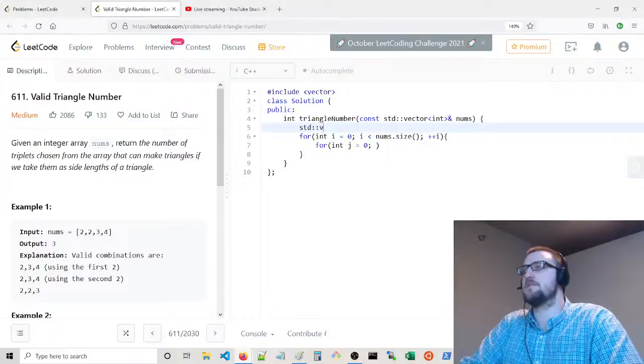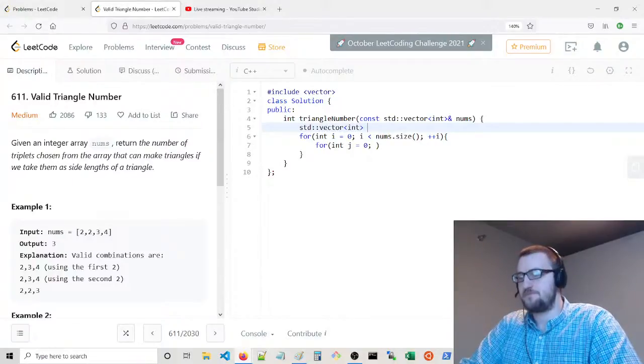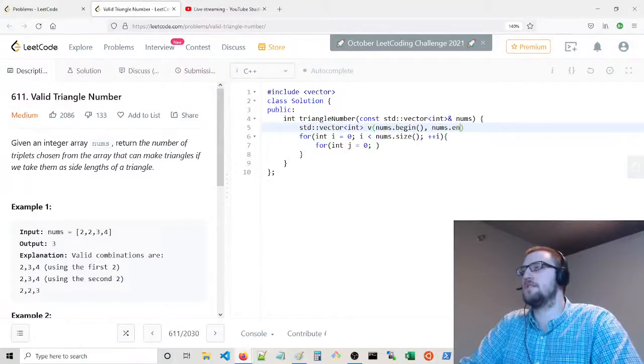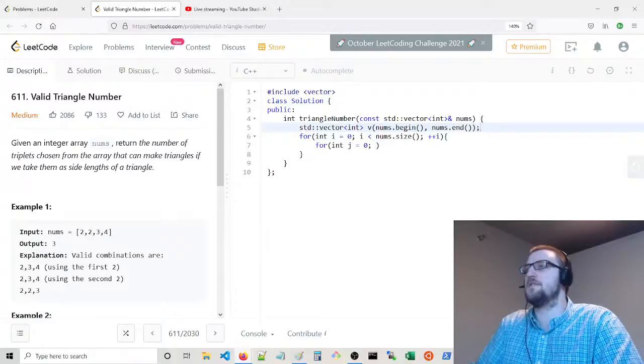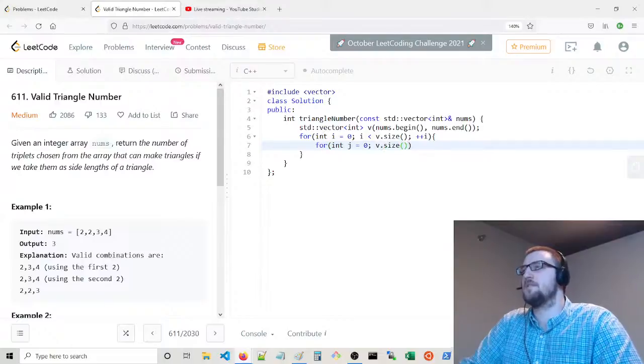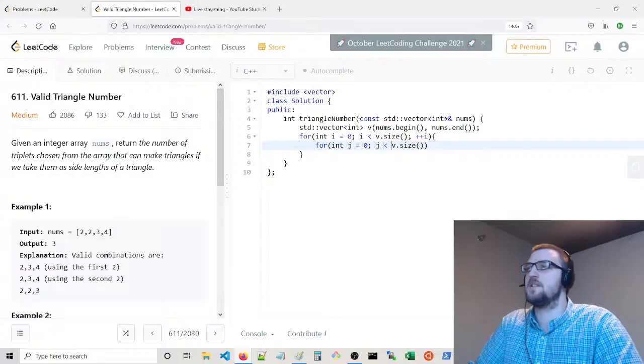Excuse me, we're going to use std::vector<int> v of nums.begin, nums.end, and we use v for everything here. We're going to use a copy. j is less than v.size.